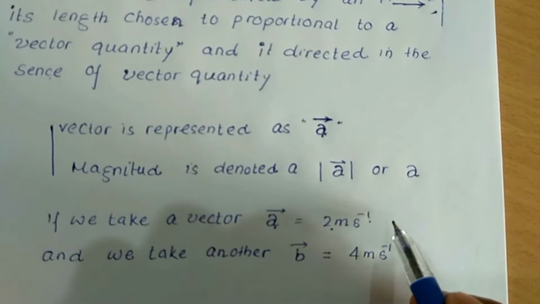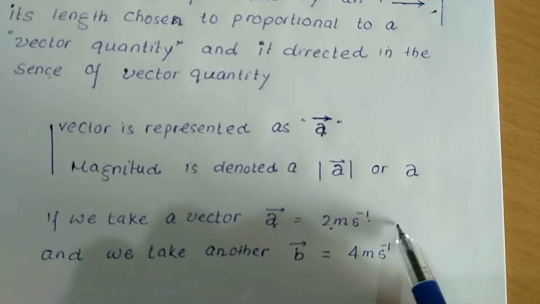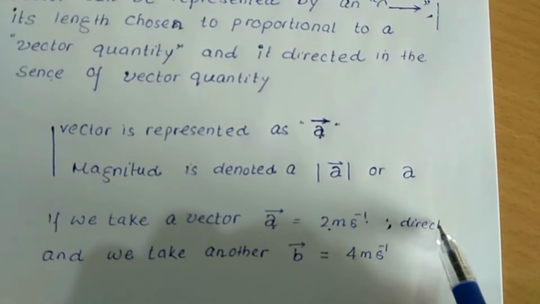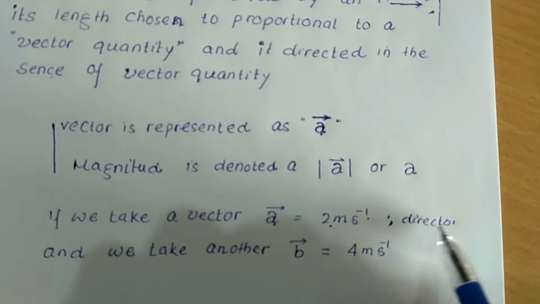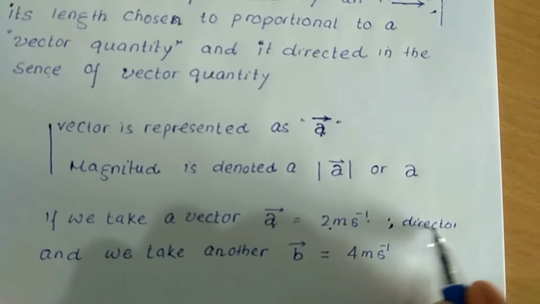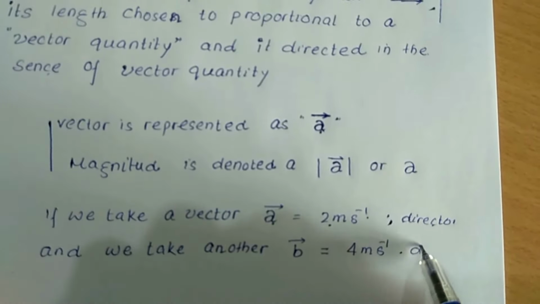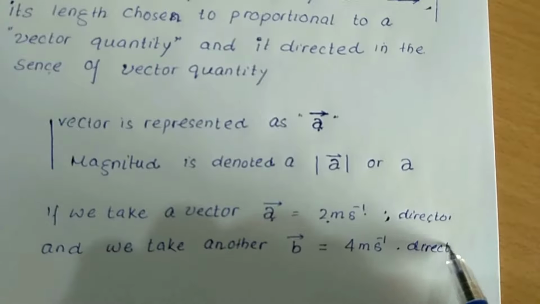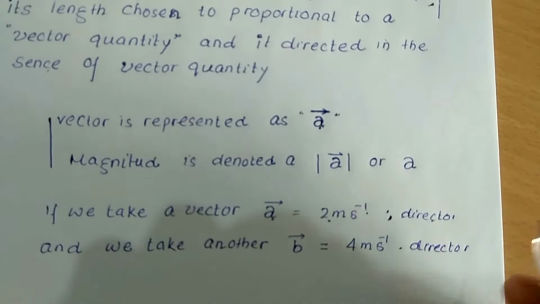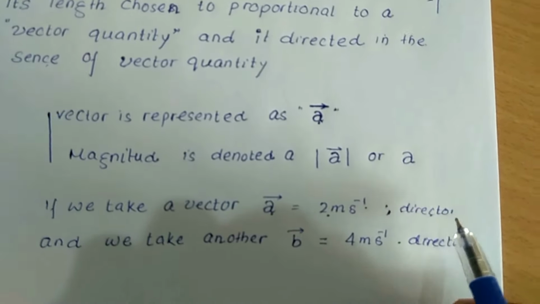So there must be a direction. It is any direction: suppose east or west, north, south, any direction. It may be in the same sense or not. But these are the good and perfect representation.